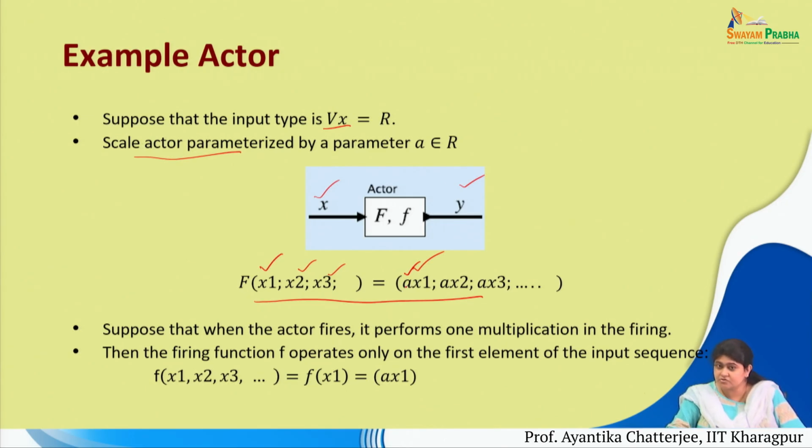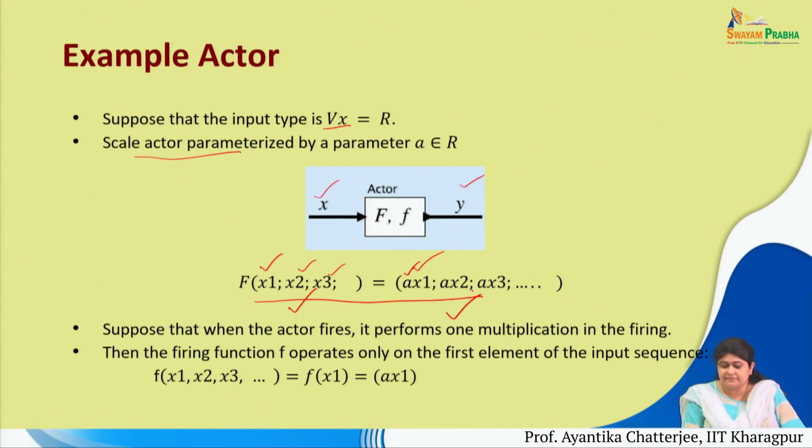Okay. So, as we are discussing the actor function, we understood that this mapping from this input to this output is basically the target of the actor function. Along with that, we have the firing function that acts on parts of the input sequence.